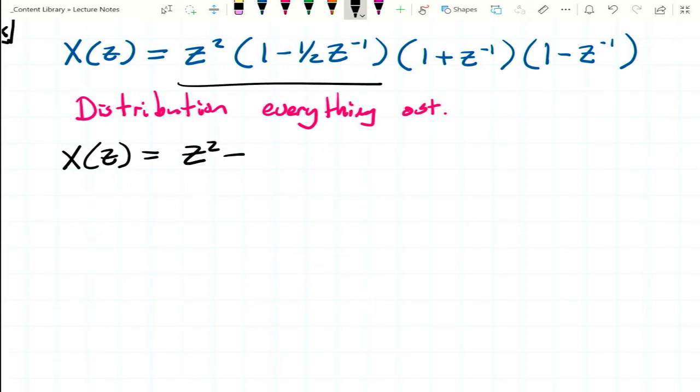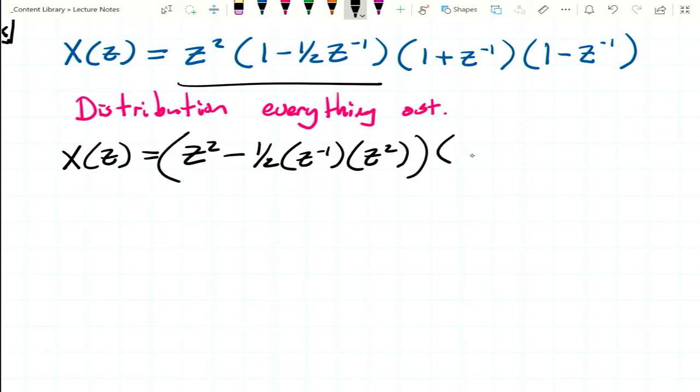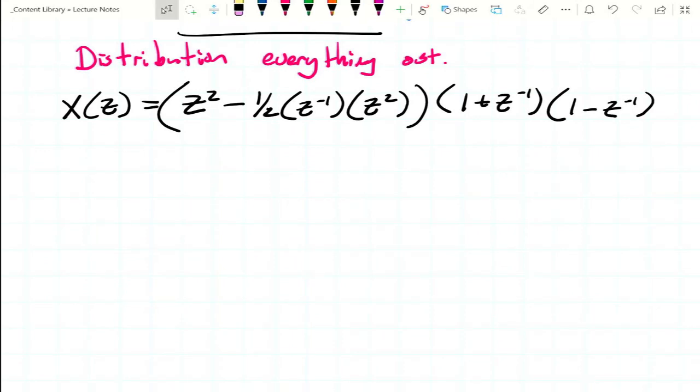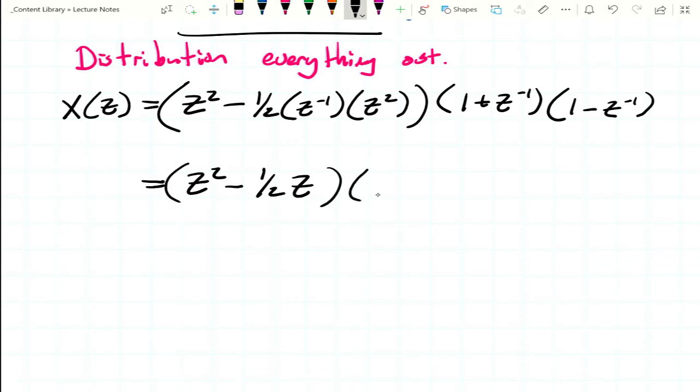That gets us z squared minus 1/2 z to the negative 1 times z squared, which simplifies to z squared minus 1/2 z. Z to the minus 1 times z squared is just z. So it's that times 1 plus z to the minus 1 times 1 minus z to the minus 1.